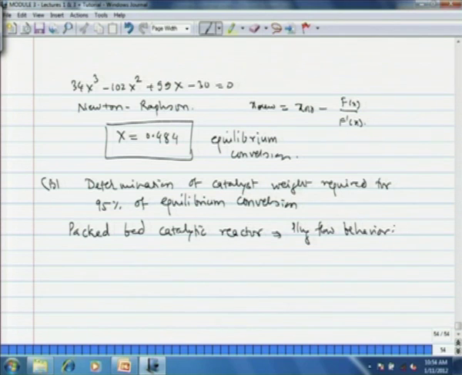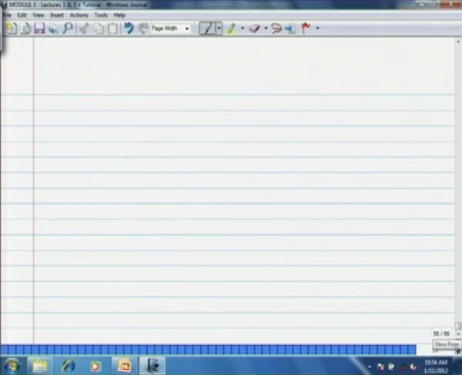However, since the rate expression is in terms of weight of catalyst, we write instead of volume, the weight of catalyst is equal to Fi naught times the integral from Xi naught to Xiz of dXiz divided by minus Ric, the rate expression with respect to catalyst. We have to calculate the rate expression in terms of conversion.